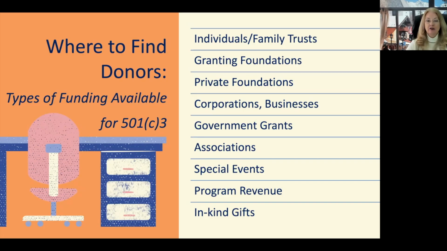Okay, then there are government grants. Typically, government grants require a ton of paperwork. They take a long time to write. They also take a long time to process, and then for you to actually receive funding. Associations.